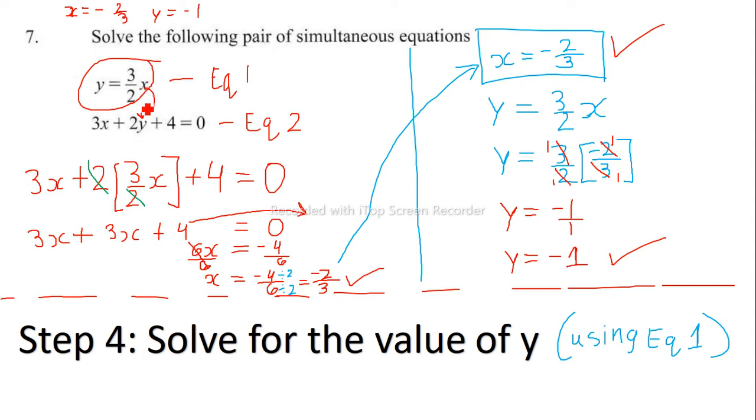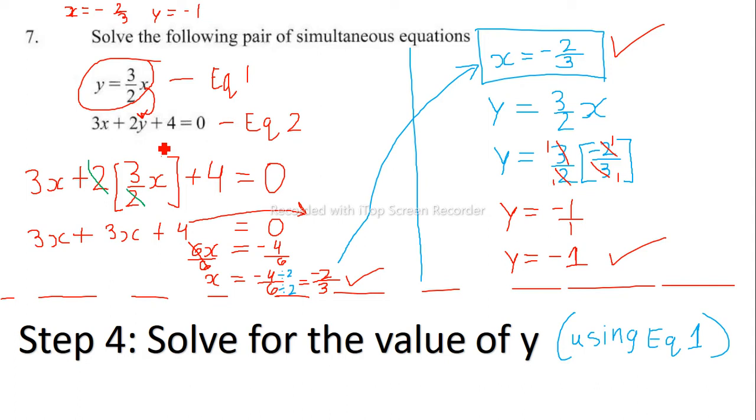Wow, you really used equation 2. You have to send the 3x over, send the 4 over, and divide by 2. I didn't do all that. What did you do? I just put in, you see where the x is, I put negative 2 over 3 in the bracket, then plus 2y plus 4 equals 0. Automatically it would give me negative 2, plus 2y plus 4 equals 0.